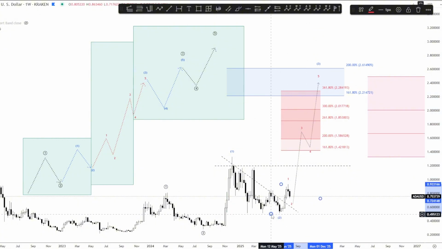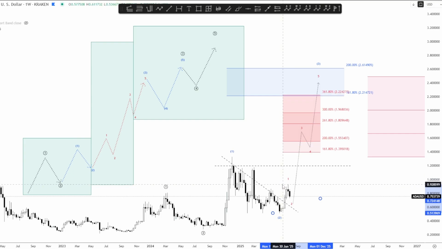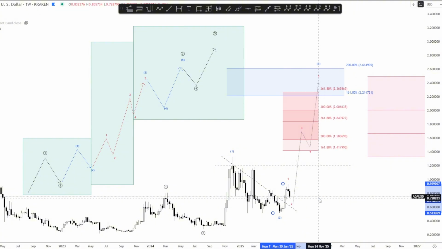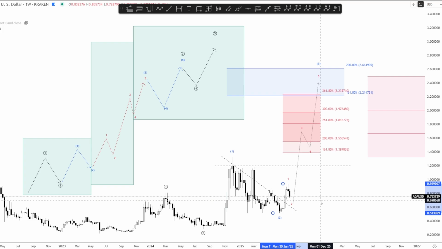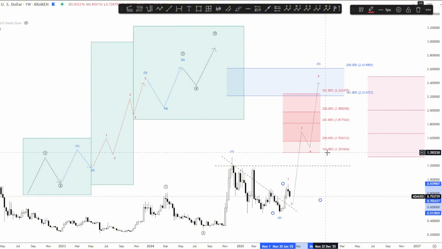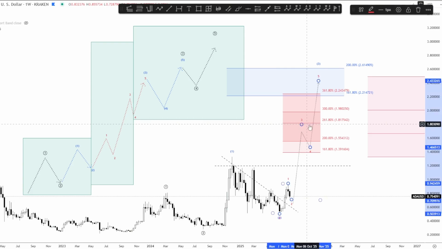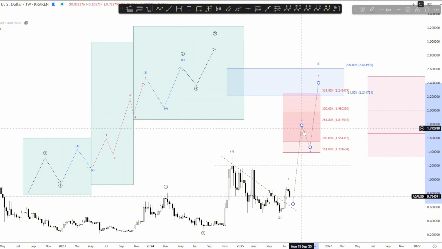And it should terminate... well, let's measure it. Let's pull the extension levels. If we assume that wave 1 ended here and wave 2 has a final downside squiggle, and we end somewhere around, I don't know, 70 cents, a final squiggle down, then we should at least hit $1.80, because the 261.8 extension level is where the red wave 3 should at least hit.